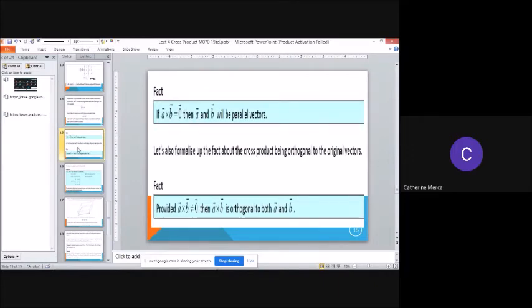If the vector A cross the vector B is equal to the 0 vector, then vector A and vector B will be parallel vectors. Also, if the cross product between A and B is not equal to the 0 vector, then it is orthogonal to both, meaning perpendicular to both vectors A and B.